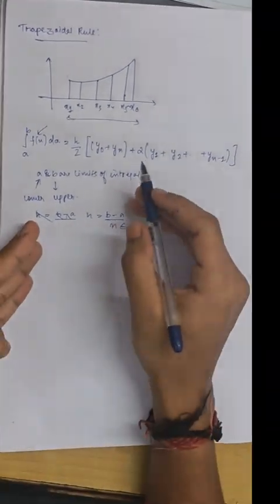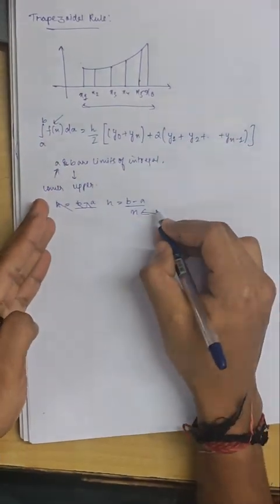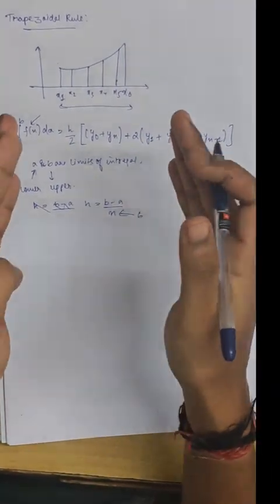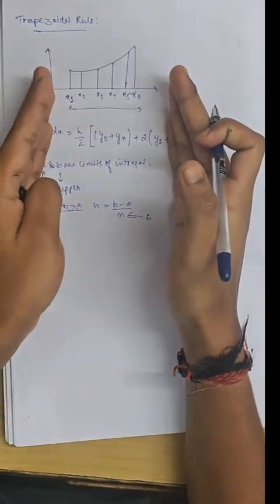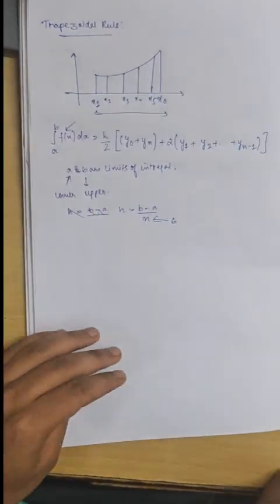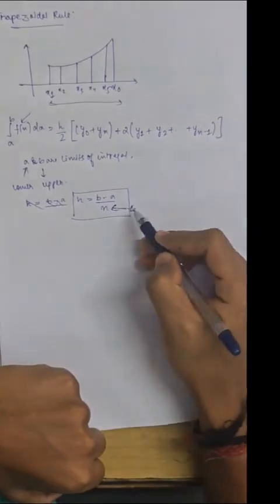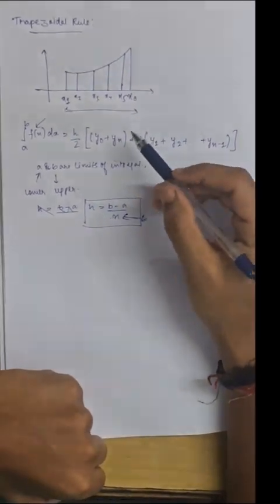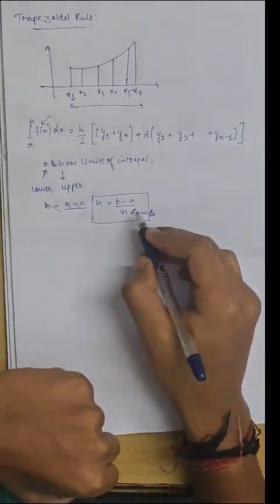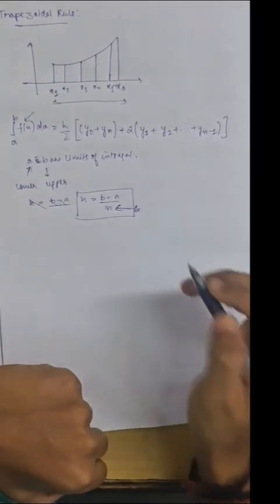Let's take this example. Here n will be 6 because we are dividing the area under the graph into 6 parts. So this is how h is given, b minus a upon n, and n being the number of parts we are taking under this area.